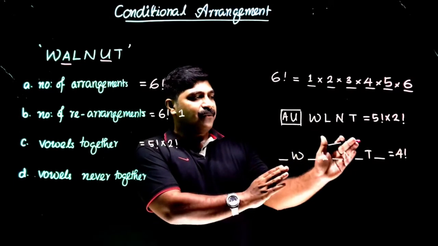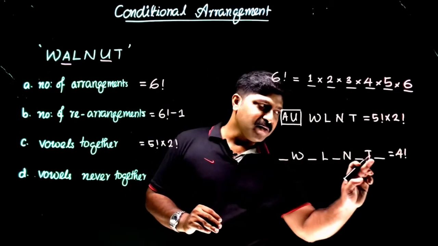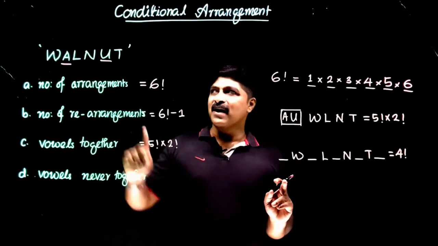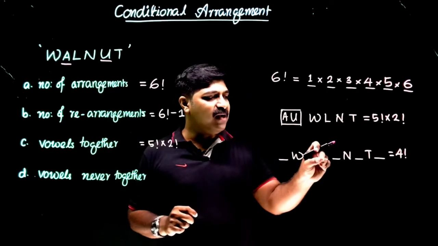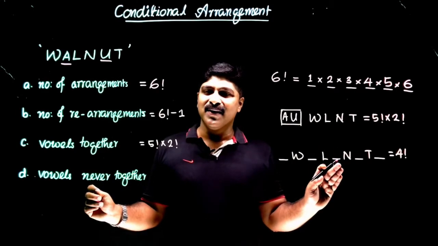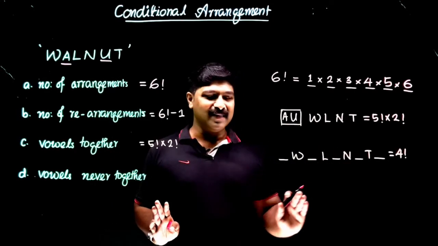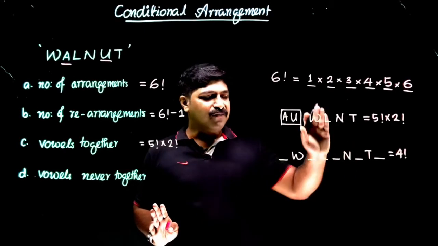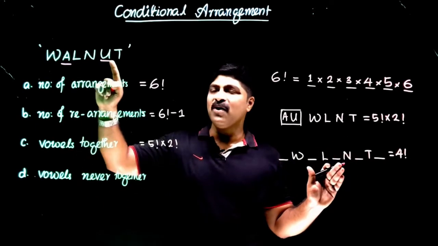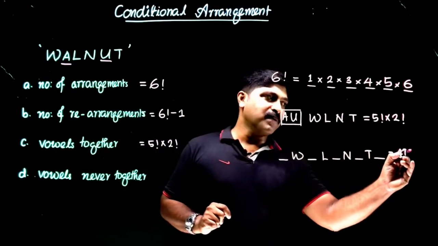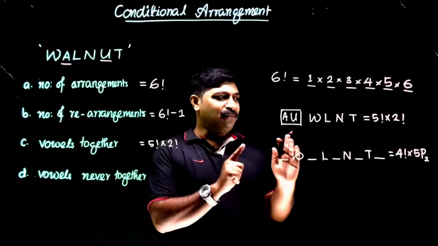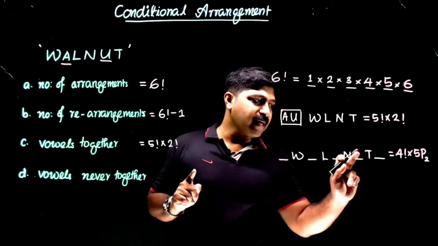In the arrangement of 4 consonants, we got 5 alternate places, which means the given 2 vowels can be filled in any 2 of these 5 places. So that's a direct permutation result. There are 5 total places. Out of those 5 total places, only 2 places we have to select for the arrangement of 2 vowels. How many different ways is it possible? That is 5P2. Clear?